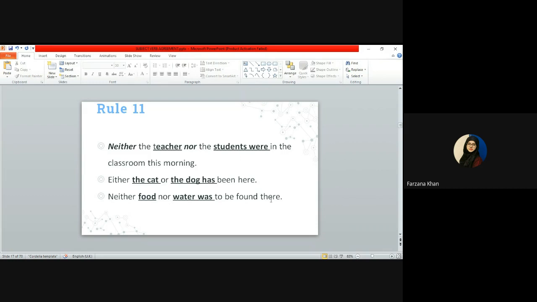Food, singular noun. Water is also a singular noun. So both singular nouns have been connected by neither nor. That's why we have used here a singular verb. I hope this rule is pretty clear to all of you.